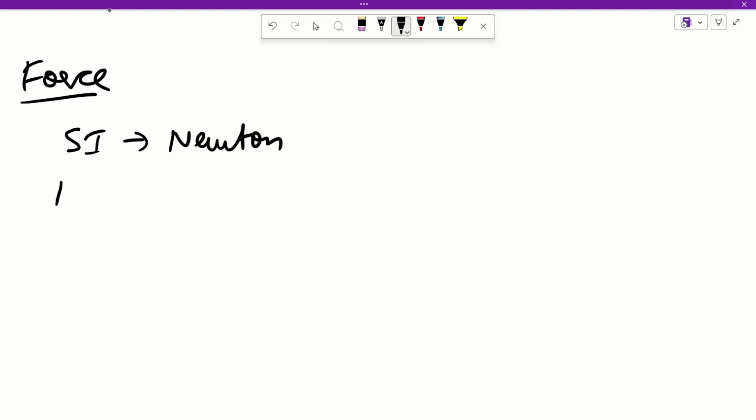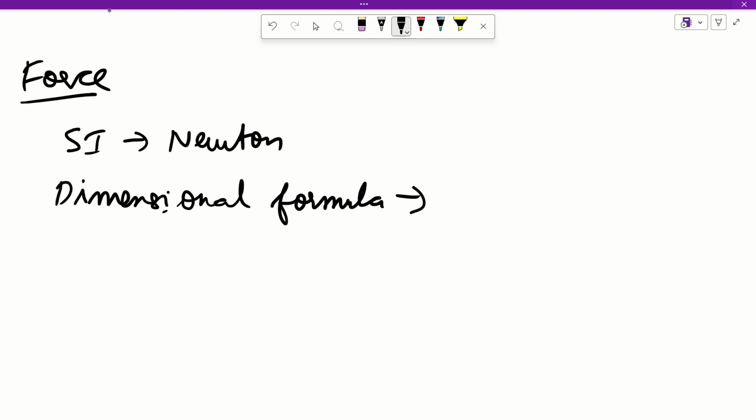Dimensional formula is MLT raised to minus 2. Okay.